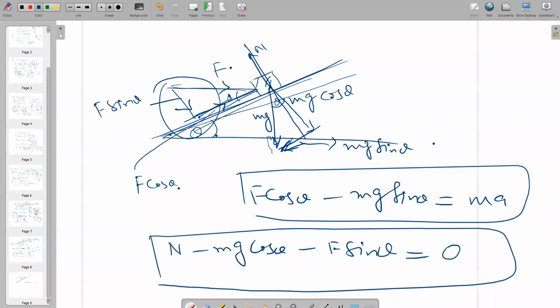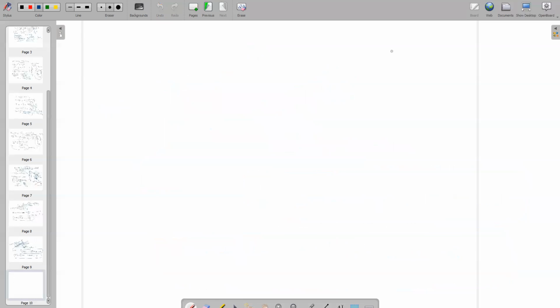Now, I want to just tell you how you can solve the problems of inclined plane in different situations using Newton's laws of motion. Okay. After this, again, the inclined plane case. Now the force is not acting like this one.